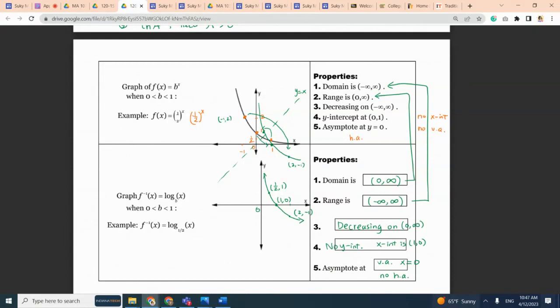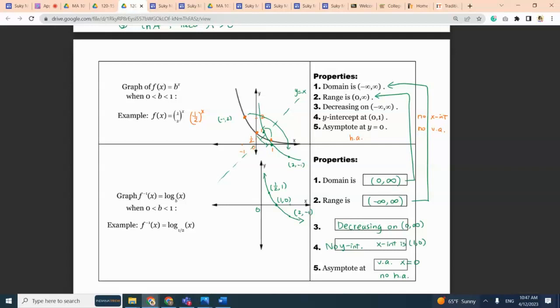And so it's going down. Okay? And your domain is now the range of f, right? So it's still 0 to infinity. Range is the domain of f, so minus infinity to infinity. And do you see it's decreasing all the time? So you put decreasing on 0 to infinity.